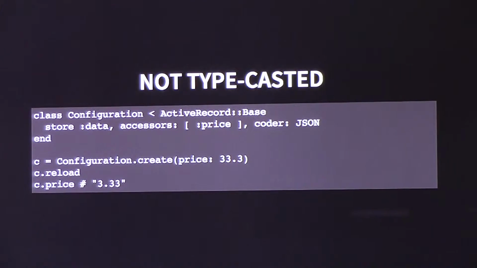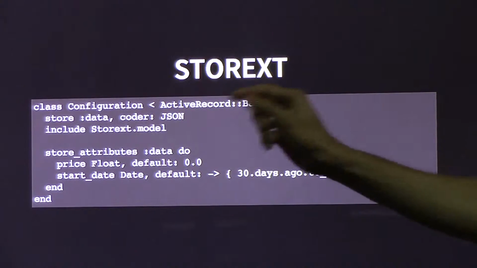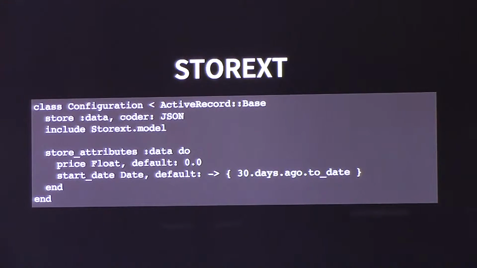So we made the gem called Storext. As long as you have the ActiveRecord store, and by the way, you don't need this store data coder JSON if you're using Postgres. If you have HStore or a JSON store in your table, then Rails will take care of that automatically for you. Then you define the attributes a lot like Virtus, in case you're familiar with it.